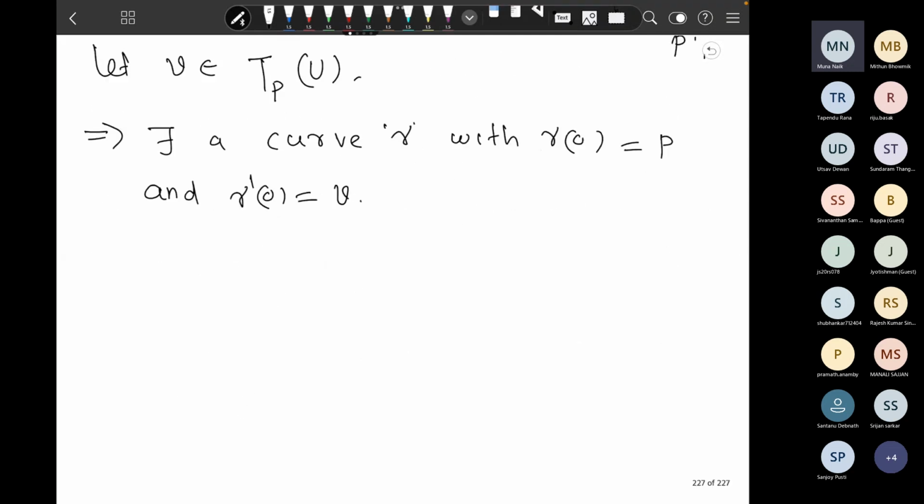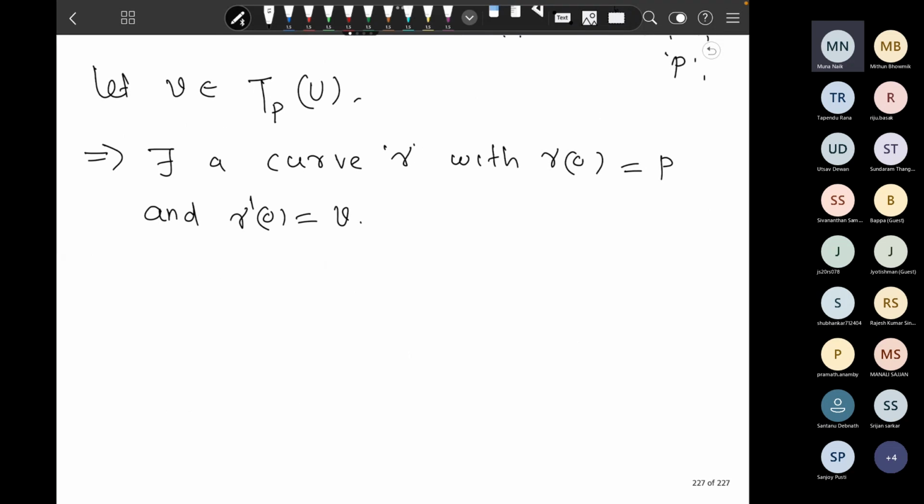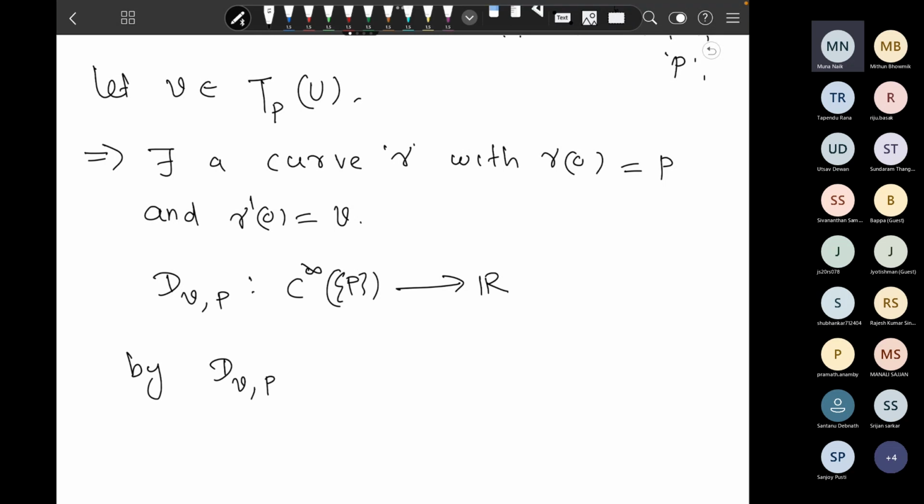Now for each v belonging to T_pU, I will define an operator D_{v,p} from C infinity P to R by D_{v,p}(f) = d/dt at t = 0 of f(gamma(t)).